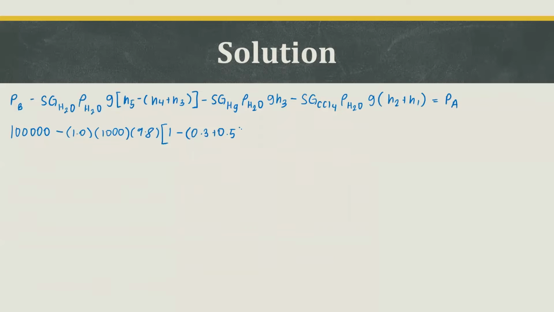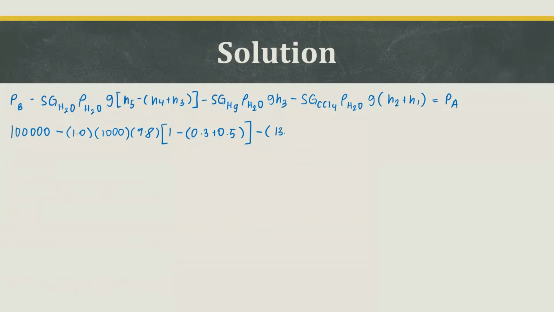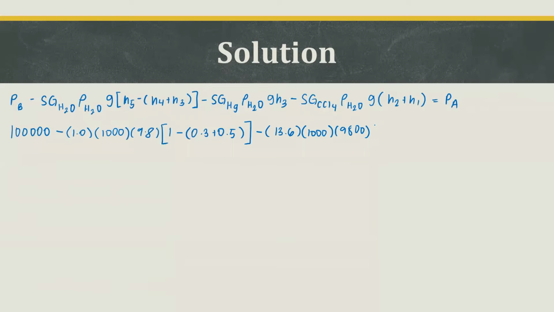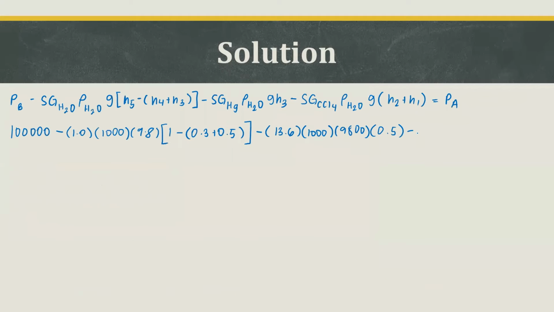Then specific gravity of mercury is 13.6. Then 1,000 again, then 9,800, then height H3, which is 0.5 meters. Then finally, Sg of carbon tetrachloride is 1.6 here.